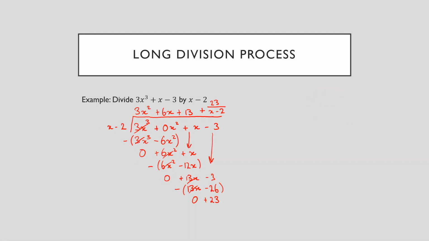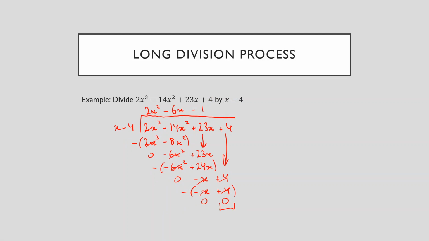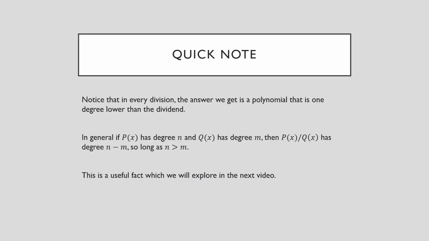So what we can say is that in general, we haven't gone through a multitude of questions where your degrees are different, but in general, if P of x has a degree n and Q of x has a degree m, then P of x divided by Q of x has a degree of n minus m.